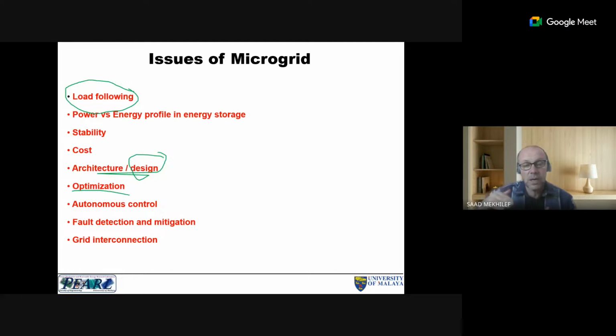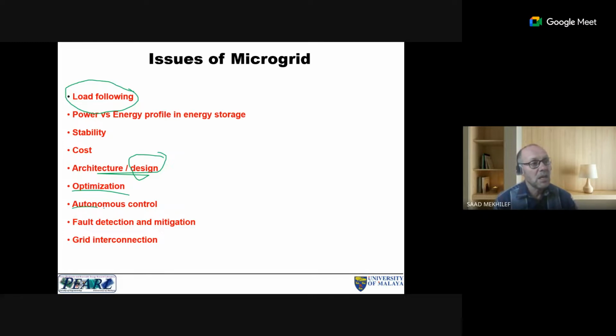So I need to optimize the tilt angle of the PV panels. I should optimize the orientation of the wind turbine, the location of the micro hydro, the size and location of the battery bank, and so on and so forth, and the location of the inverter. So this is all optimization.